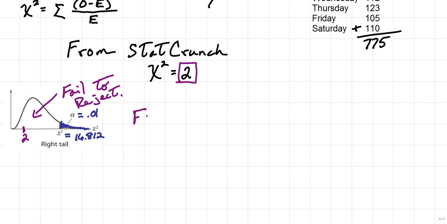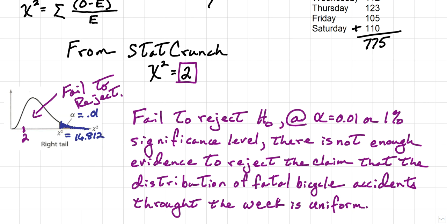Therefore we fail to reject the null hypothesis and conclude that at alpha equals 0.01, or 1% significance level, there is not enough evidence to reject the claim that the distribution of fatal bicycle accidents throughout the week is uniform. So as I said, we fail to reject the null hypothesis.